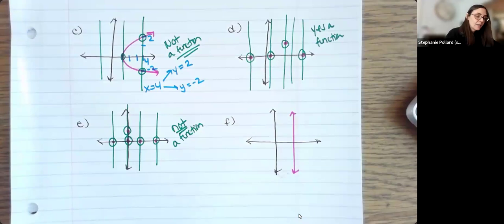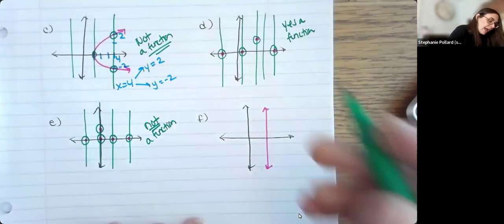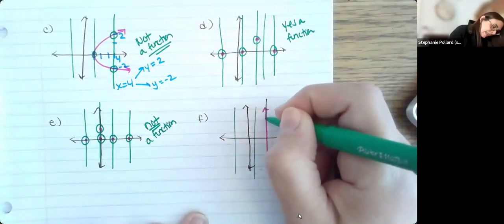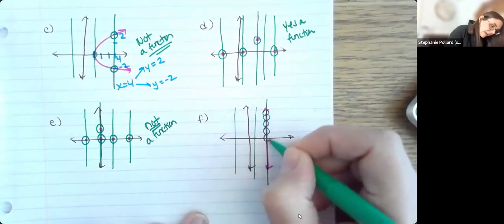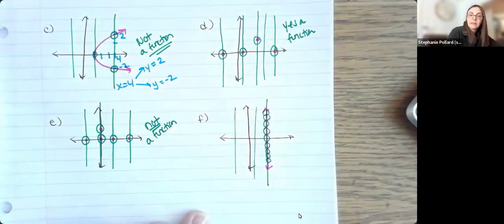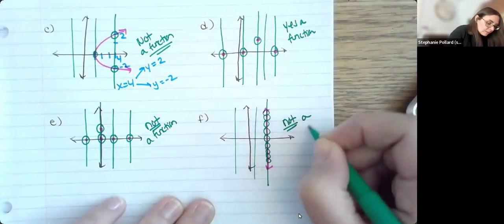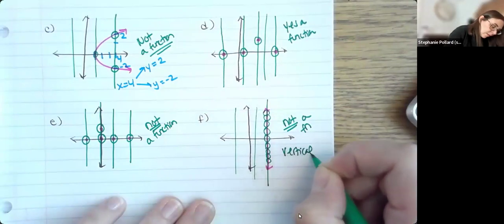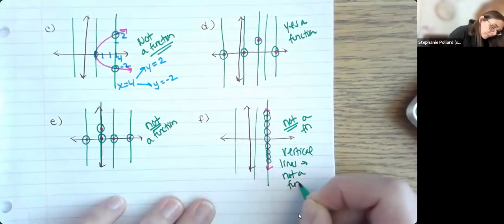Now, this last example is also not a function. So here's a vertical line. And what happens here is when you draw your vertical lines, if I were to put one exactly here, it would actually hit infinitely many times, right? Because there's infinite points along this line. So vertical lines are not a function.